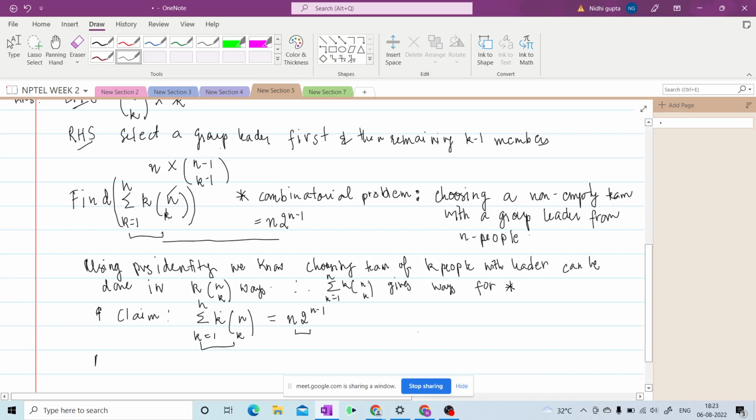As previously, the RHS is equivalent to choosing a leader and then the remaining team.